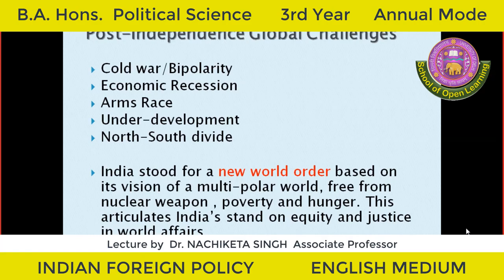So in order to understand the post-independent foreign policy of India, you need to first of all understand the context, the ground realities, the challenges, and the other complexities of international relations at that point of time. So a historical perspective and a historical understanding is important to conceptualize what India's foreign policy was at that point of time.